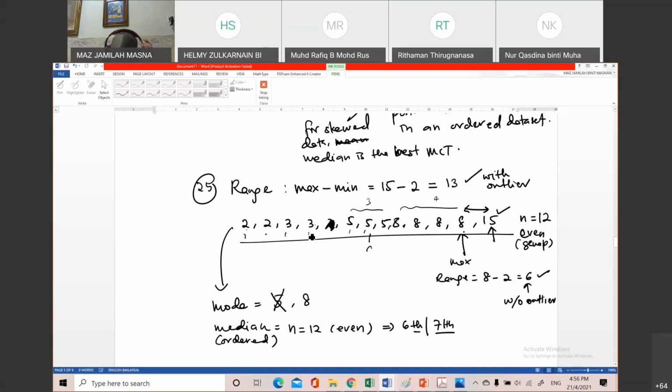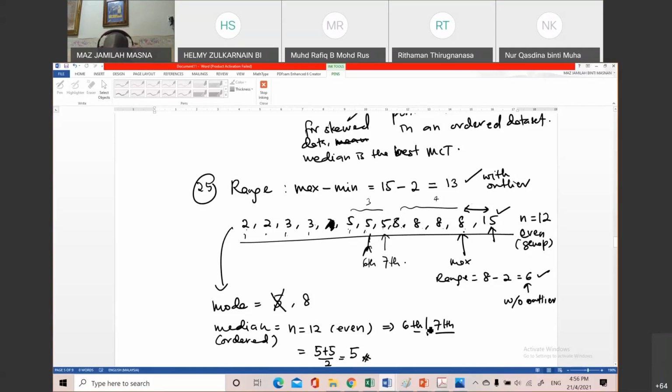This is your 6th and this is your 7th. Your median will be 5 plus 5 divided by 2. Coincidentally, both are 5, so definitely it is 5. So your median is 5.